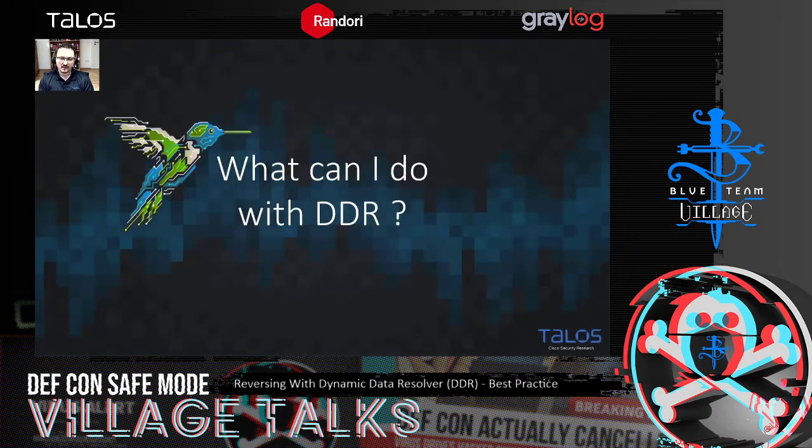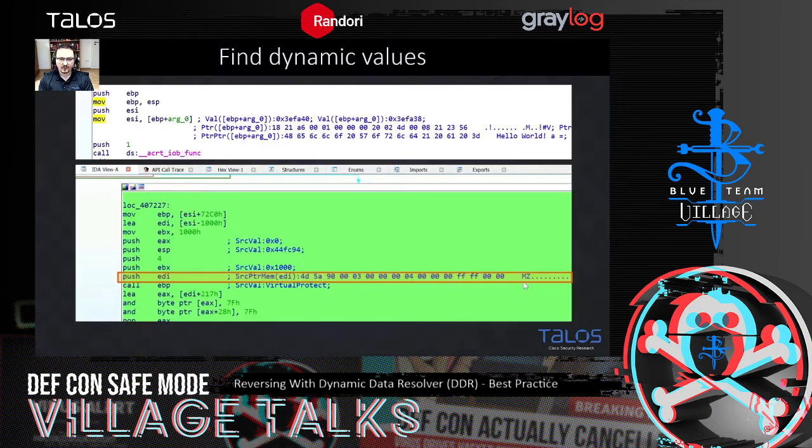So what can I do with DDR? DDR was mainly built to resolve dynamic values, and this is why I've called it Dynamic Data Resolver. But it comes with all kinds of other features. But for now, let's keep with the data resolving option you have in DDR. You have the option to resolve certain register values, for example. So if you want to know the absolute value of EDI, EBX or EAX, you can just do that with one click.